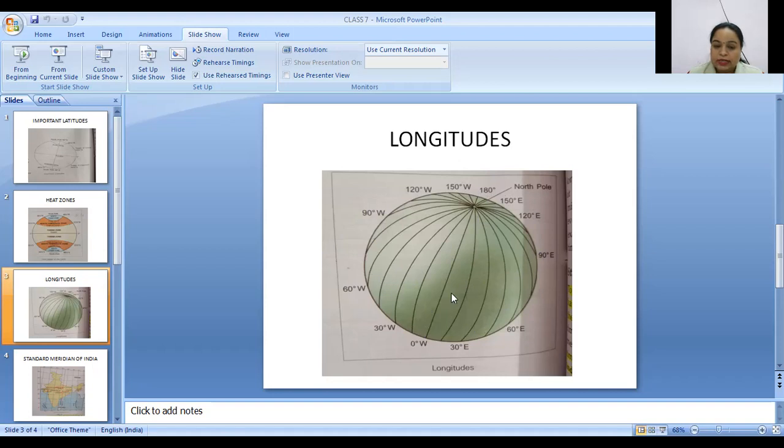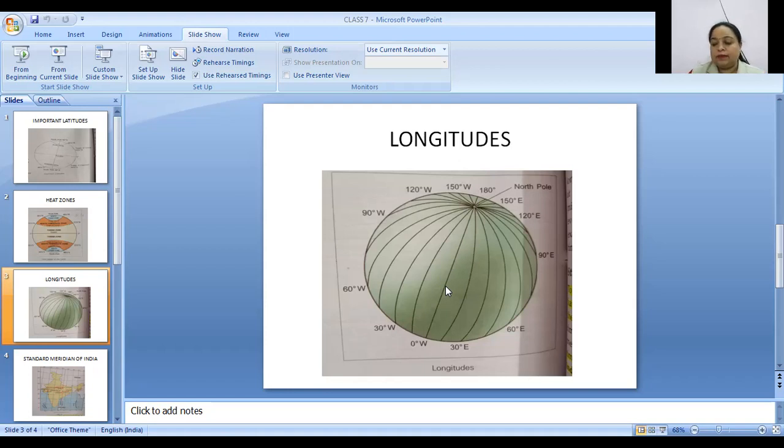But when we move towards the poles, they meet at one point, so the distance decreases. And when you move from the pole towards the equator, what happens? The distance increases. Understood this important concept?